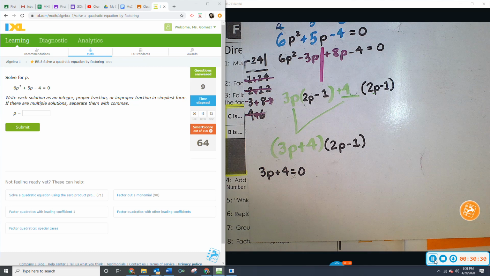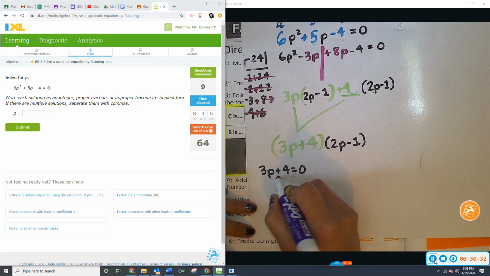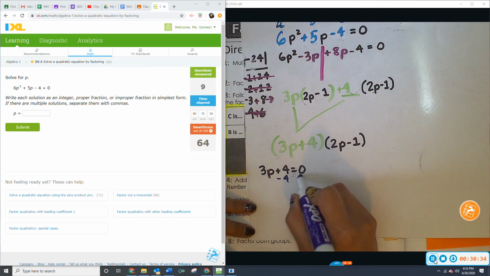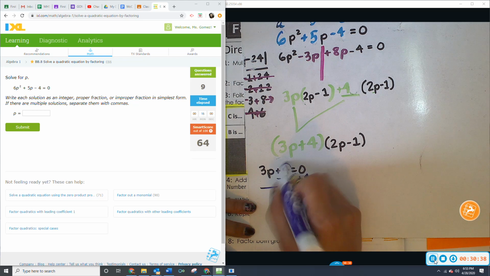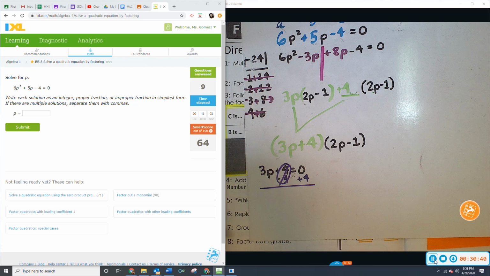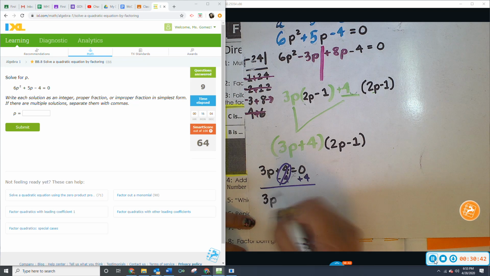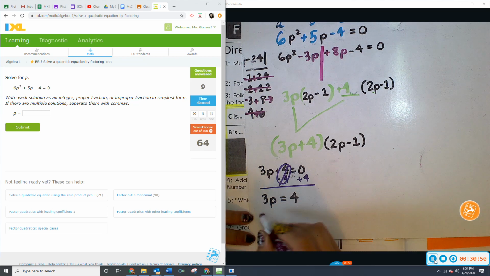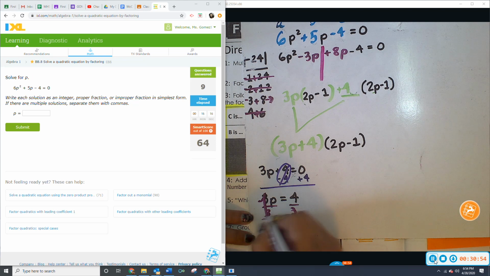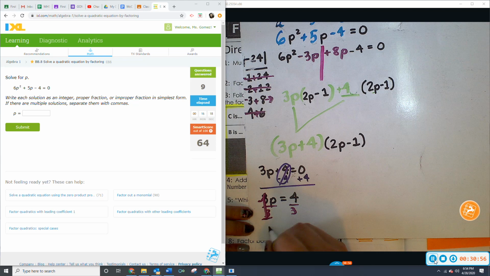We're going to subtract 4 to remove my constant, leaving me with 3p is equal to 4. And now, once again, I know it looks ugly, I get it, but same steps, and it's not that bad. Divide by 3, reduce to 1. p is equal to 4/3.